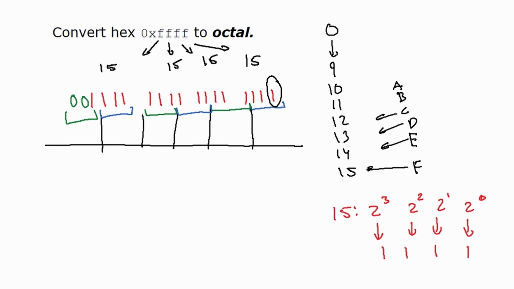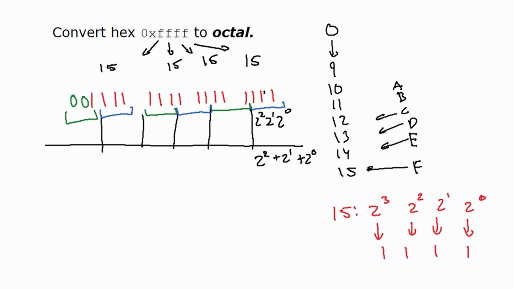So this first one right here is 2 to the power of 0. This next one is 2 to the power of 1. And then this next last one in the front is 2 to the power of 2. So knowing this, we're going to have 2 to the power of 2 right down here, plus 2 to the power of 1, plus 2 to the power of 0, because they're all 1s.